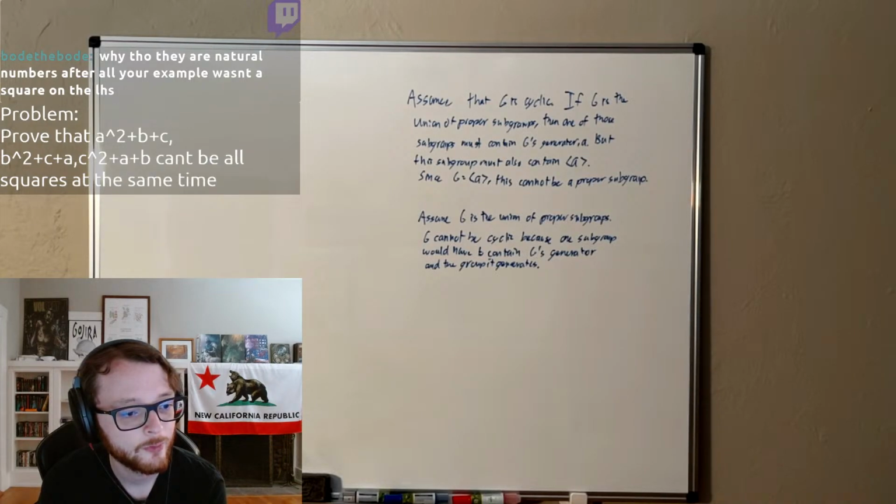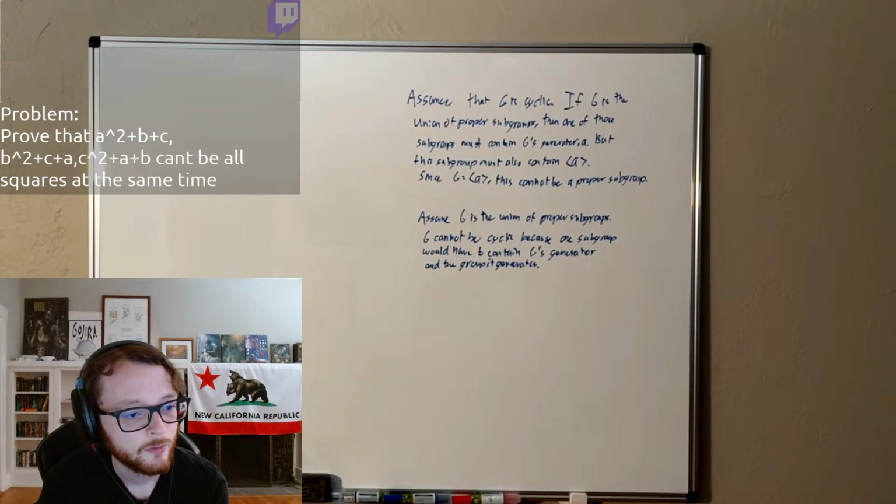Doing this to the 3, you get b plus c. Oh yeah, so you can do it to all three of them, and summing them you get 2a plus b plus c is equal to 2a plus b plus c plus 3. But wouldn't it be greater than or equal to?